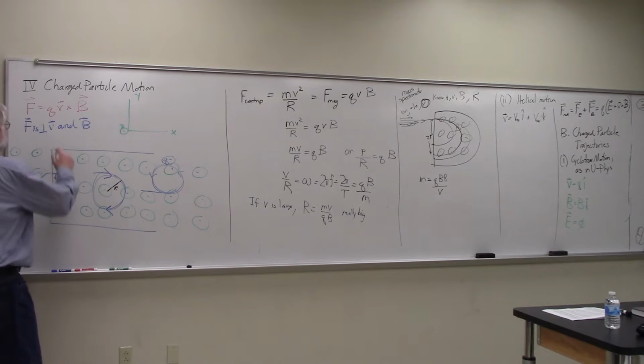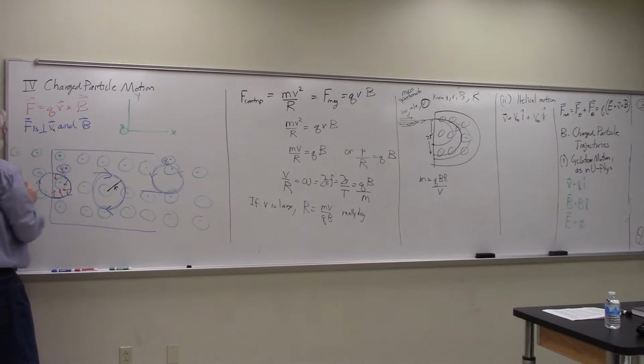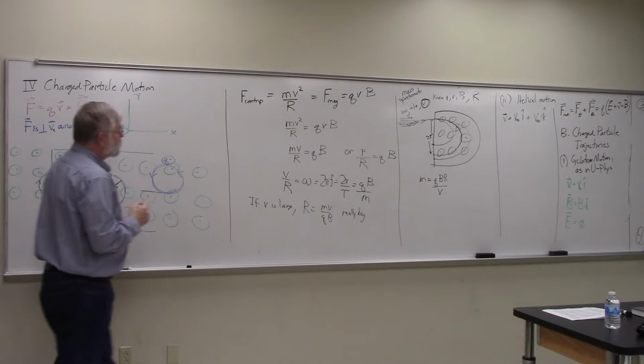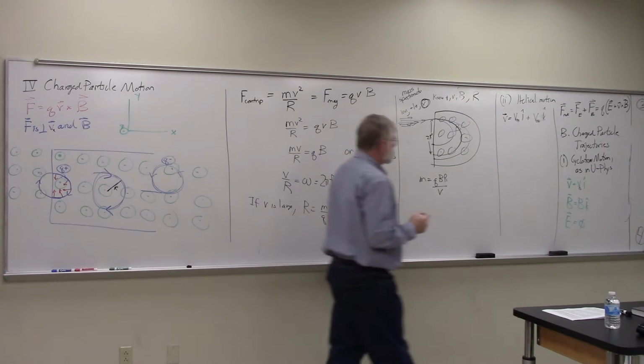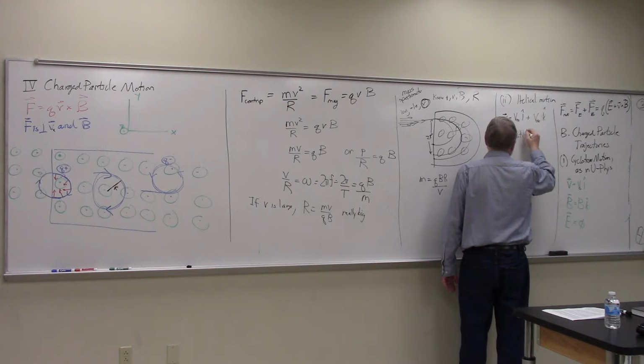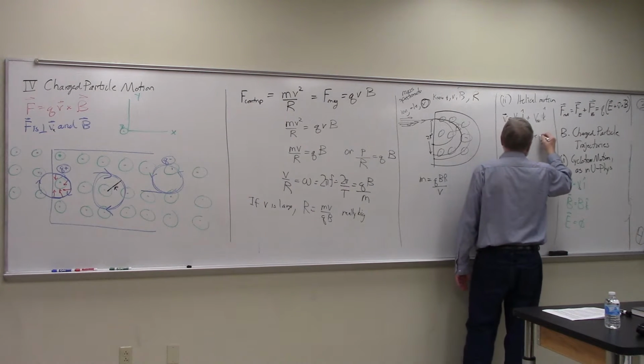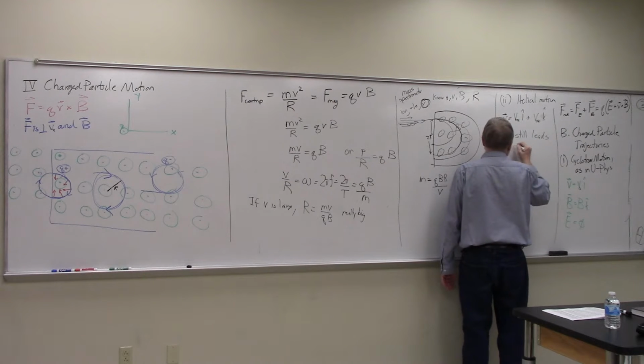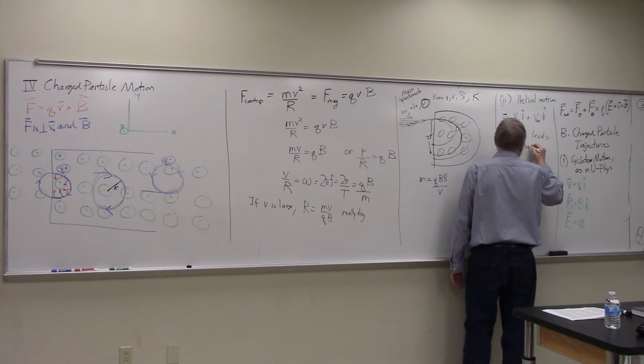Well, the X component of velocity will still be the same. The fact that there's a V0x still leads to cyclotron motion.